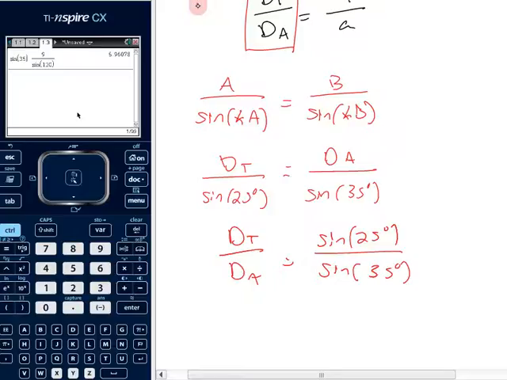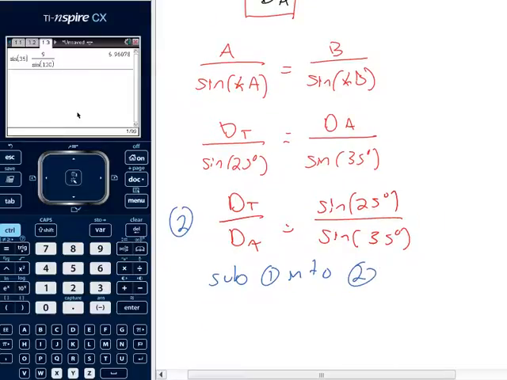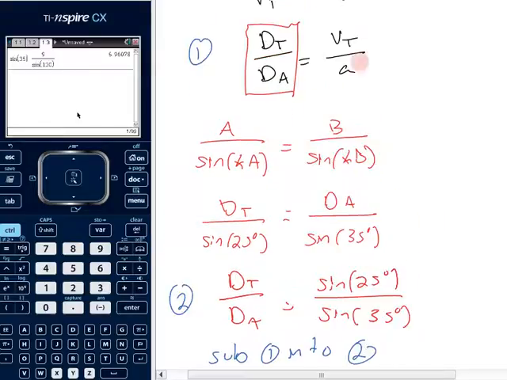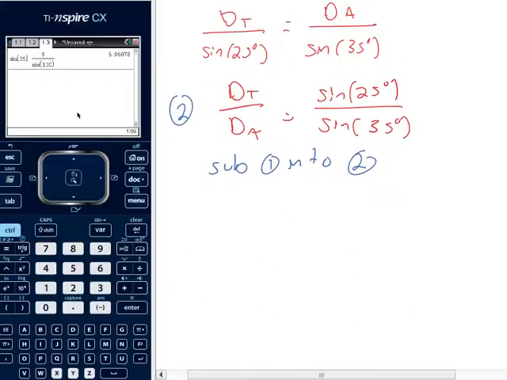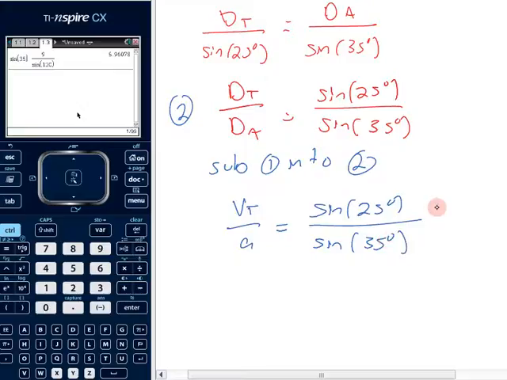I'm going to sub 1 into 2. And instead of dT over dA, I'm going to write vT over A. And I'll get vT over A is equal to the sine of 25 degrees over the sine of 35 degrees.